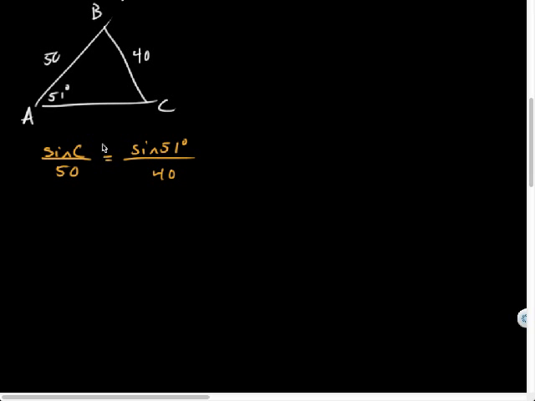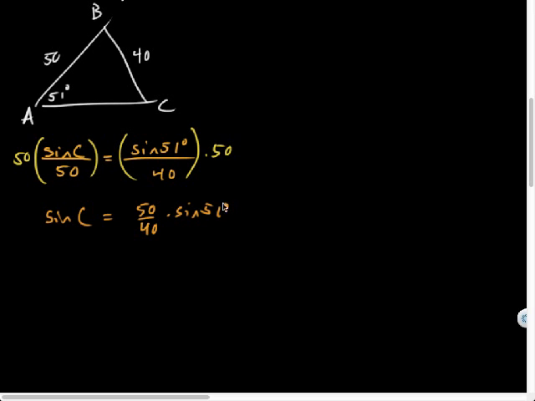And then solve. You're so good at law of sines by now, this is kind of the third day we've spent on it. So sine of C is equal to 50 40ths times sine of 51. To get C by itself, we take the sine inverse of both sides.